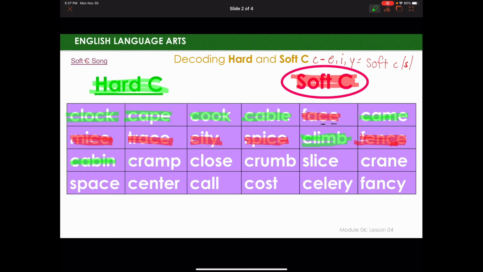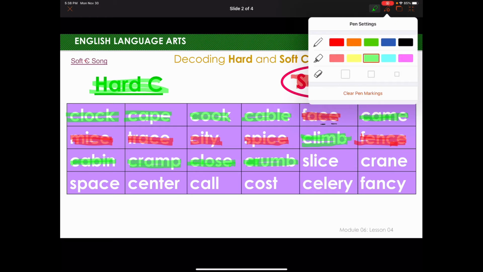How about this one, cramp. Next one, close. Next one, crumb.